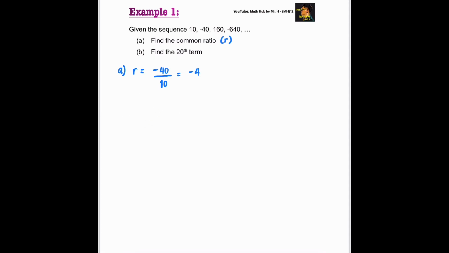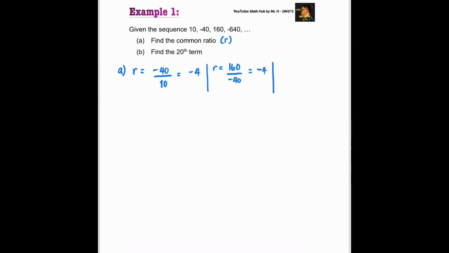All right, so let's also check for the other pairs. Let's see if the value of R is consistent. So the next pair will have 160 divided by the number before that, which is -40. So 160 divided by -40 is -4, same value.